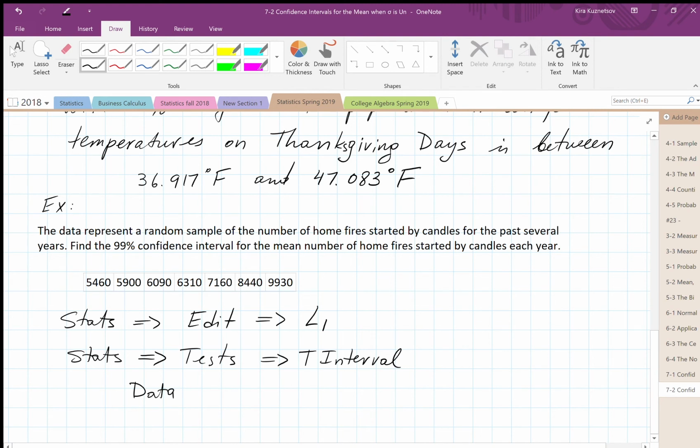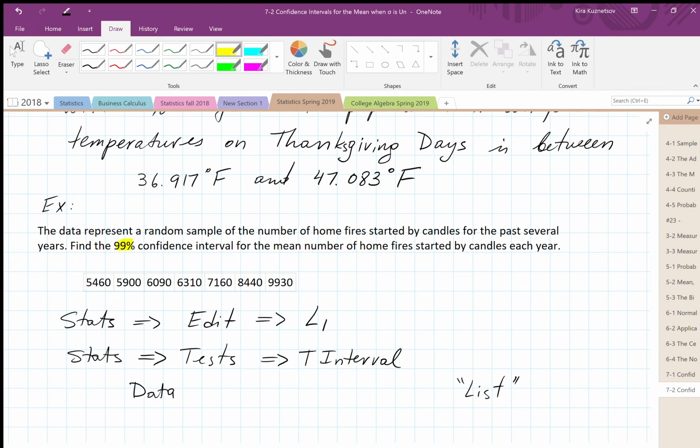Now all your calculator is asking is, where is your list? By default, list should be L1. If you can't find it, it should be under second stats, which is list. You keep frequency at 1, and what do they need? They need 99% confidence. Notice that within the problem, they did not give me any information besides the data and the 99% confidence.